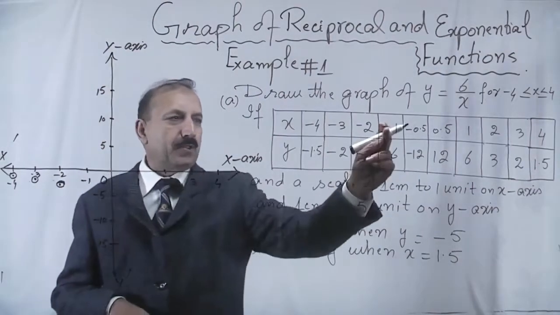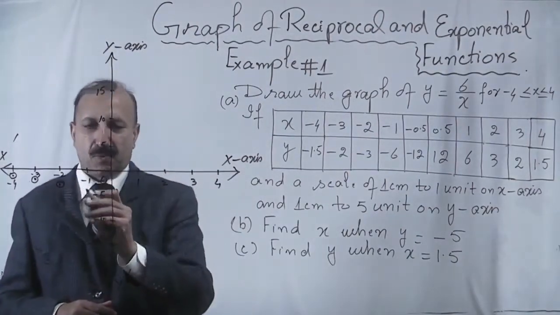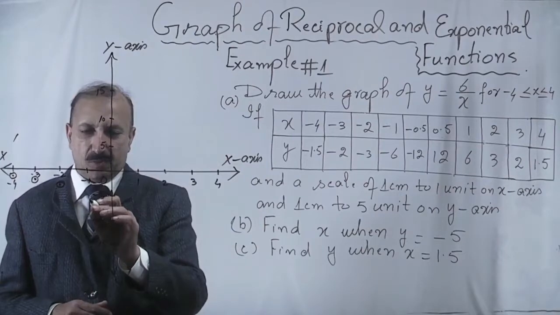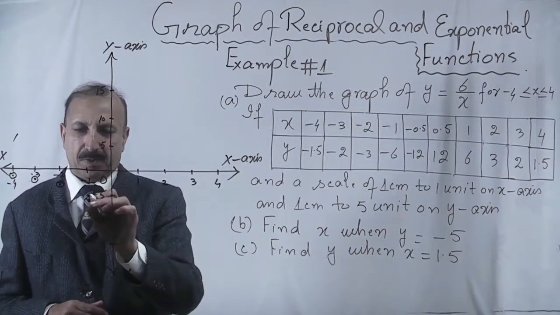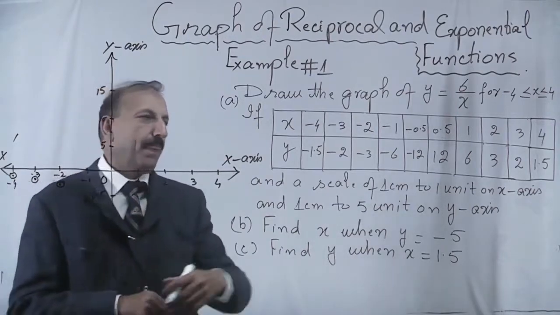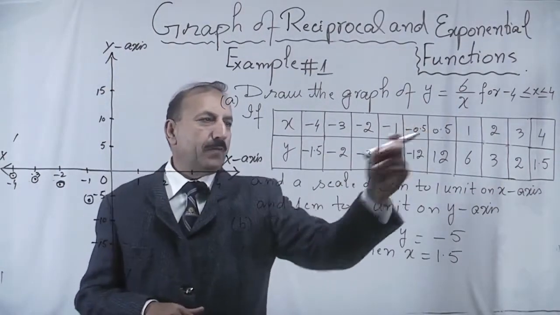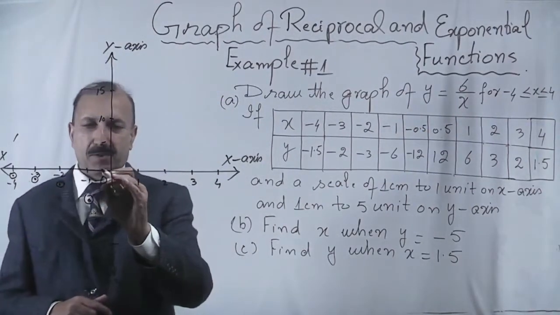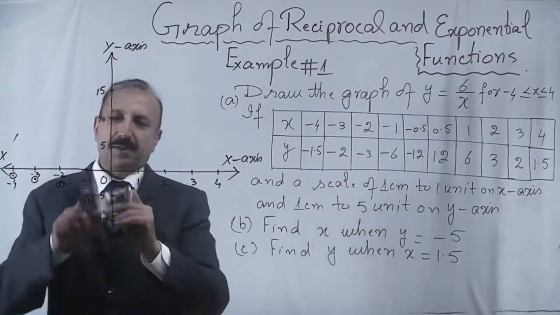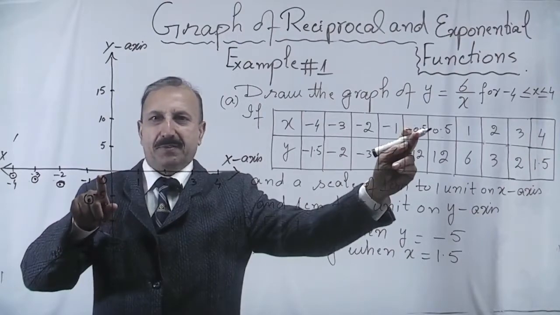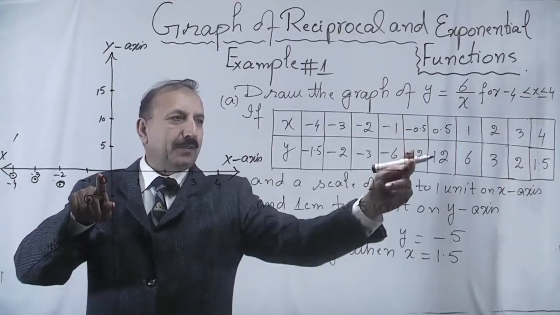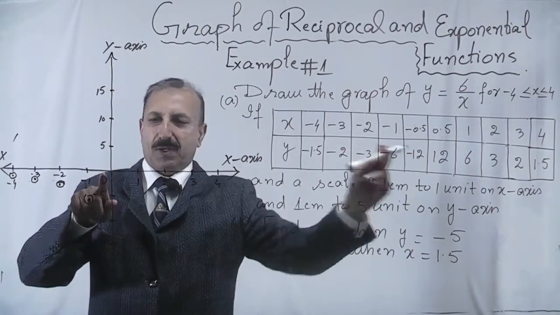And then -1 and -6. Here is -1, and -6 is approximately here, a little more than 5. All right, and then -0.5. This is -0.5 here, the value of x is here, and then the value of y is -12.